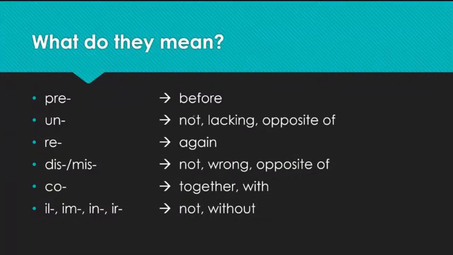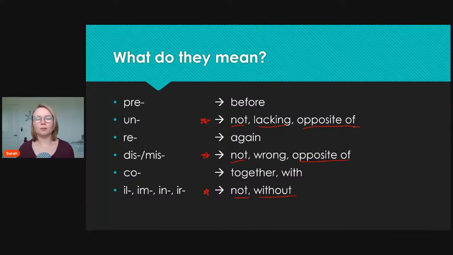So we can see here that these three, un, dis, and miss, and these four all similarly mean not, right? Lacking or without, and opposite of. But we can't use them in the same way with every word, but we'll see some examples. And when you come across words with these prefixes, you will have a better understanding of what they mean.